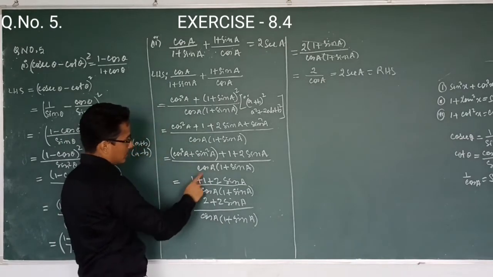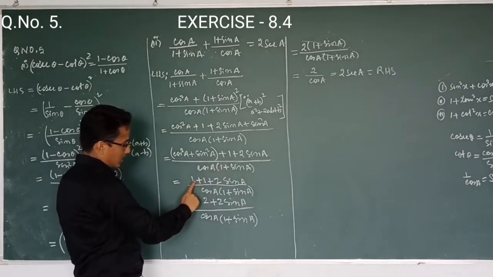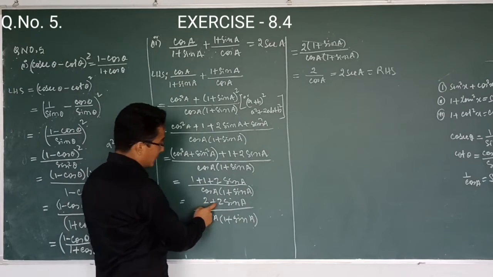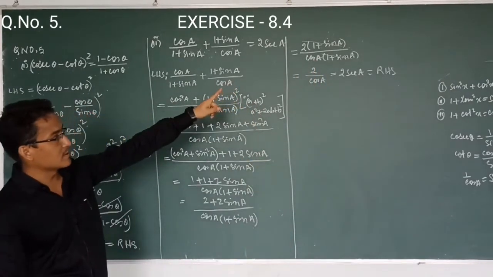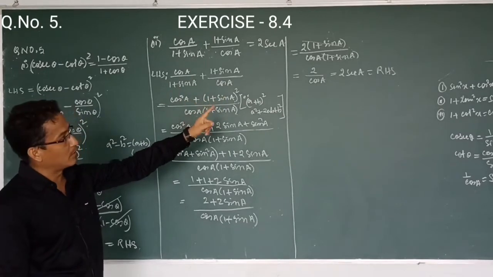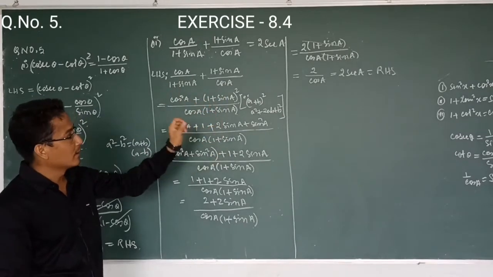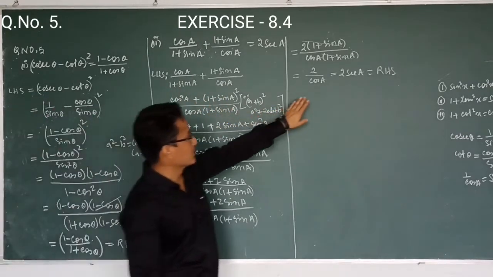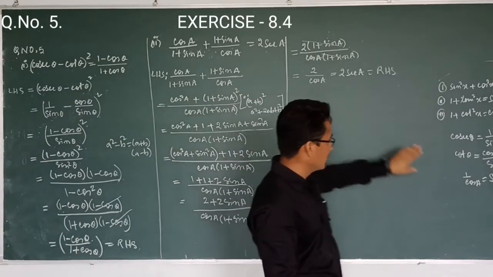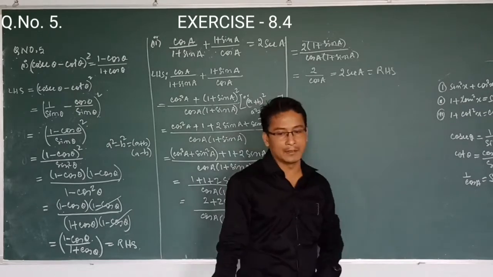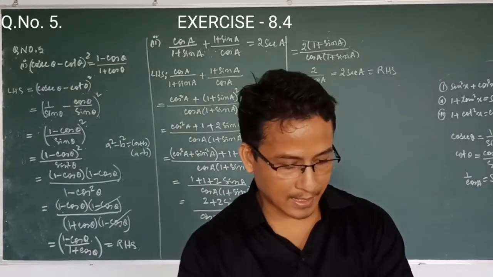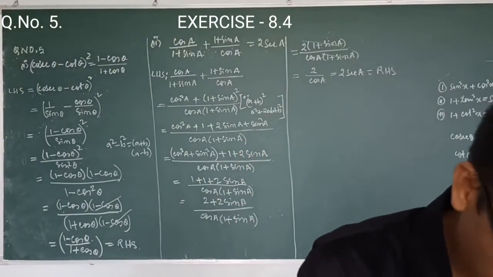So this is 1, and this 1 is already here, so 1 plus 1 is 2. Taking 2 common from here, the 1 plus sin A from the numerator and 1 plus sin A from the denominator will cancel. After cancelling, we get this. We know that 1 by cos A equals sec A, so we put it and we will get the right hand side.